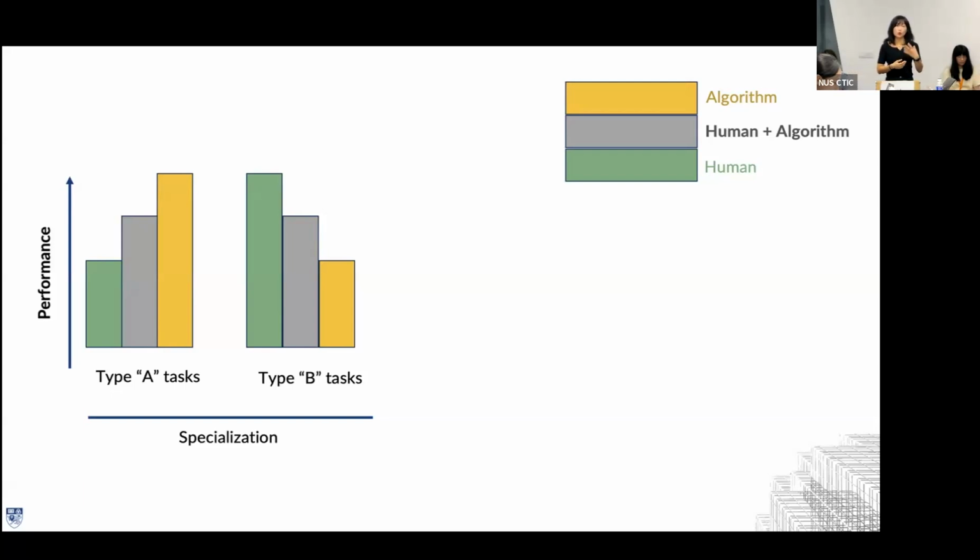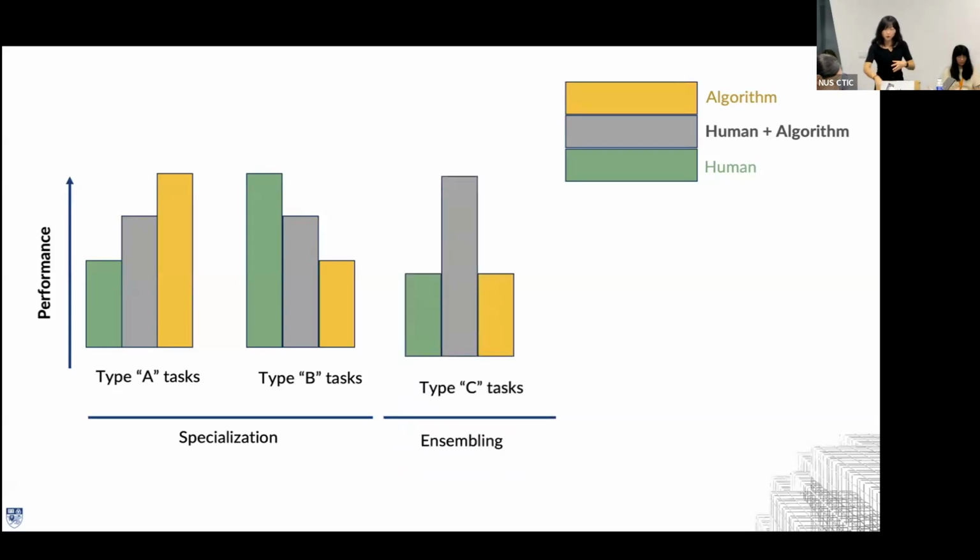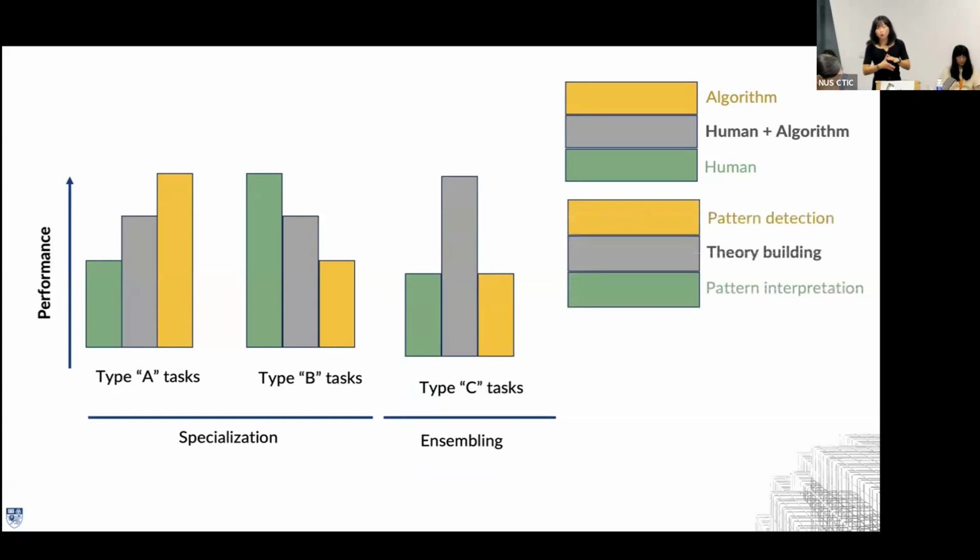We need to know what we're good at and what the algorithms are good at, right? So we're looking at assembly method between humans and the algorithm and the algorithm's own. And I would say what the algorithm is a lot better at is detecting patterns for all the reasons that we mentioned before. But we do need someone to interpret all the patterns that a machine found in a data set. And that requires a human to do it.